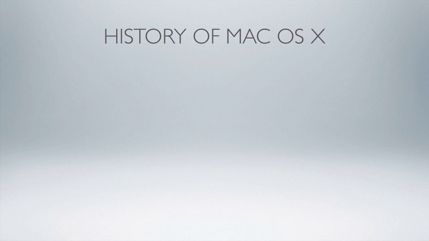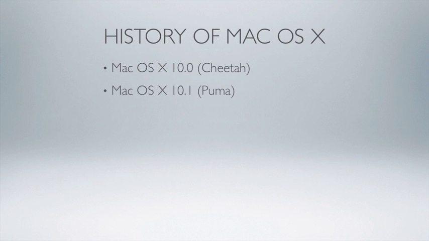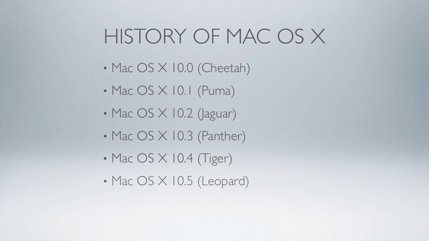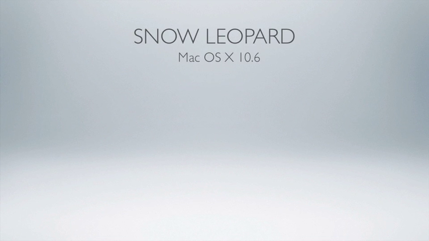Their solution was to release a brand new operating system called OS X. The first official release of OS X was codenamed Cheetah, and it was the first iteration of the Unix operating system that we now know as OS X. Each successive release of OS X maintained the Big Cat code names, and so 10.1 was codenamed Puma. 10.2, released after Puma, was codenamed Jaguar. 10.3, Panther. 10.4, Tiger. And 10.5, Leopard. And finally, the latest and greatest version of OS X, version 10.6, is called Snow Leopard.